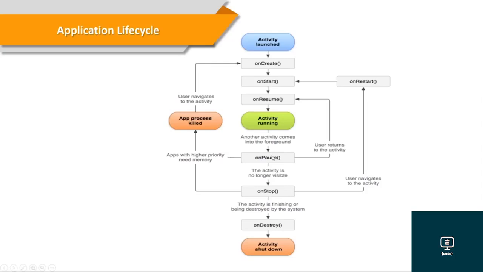The time the phone call comes in, your Android application is forced to pause. So when the application is paused, the onPause method starts to work. After the call, when you continue your game, onResume method starts to work again. So this time, just the onResume method works because the application is paused.